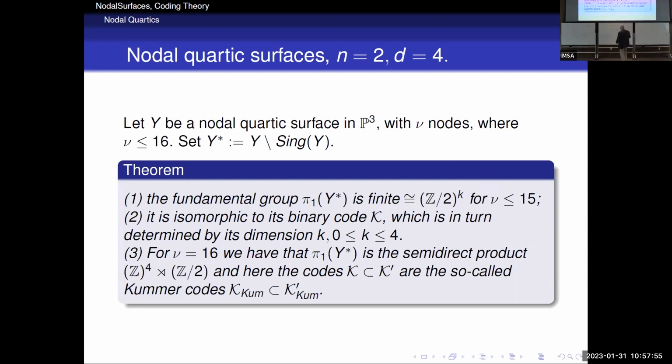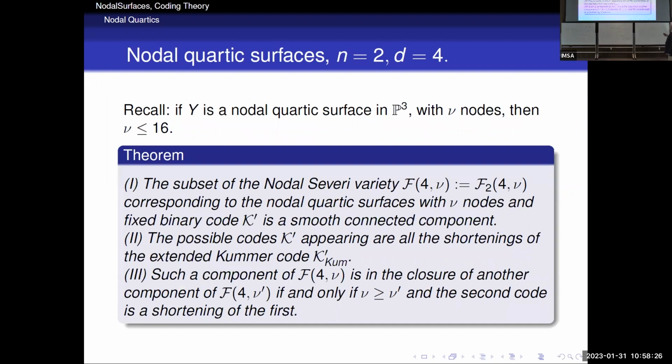There is a code K, which is contained in the direct sum of Z mod 2 times the E_i, and this is contained in K prime, which is contained in the direct sum of Z mod 2 E_i plus Z mod 2 times H. So there are actually two codes.